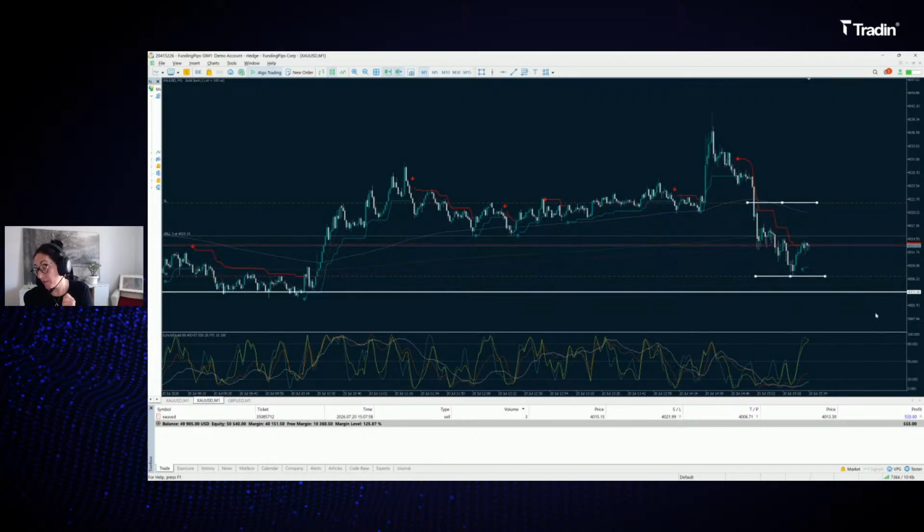Also, the US Open is very volatile and it's quite risky for my strategy on gold. Let's see how it goes. Not in a very good position though.